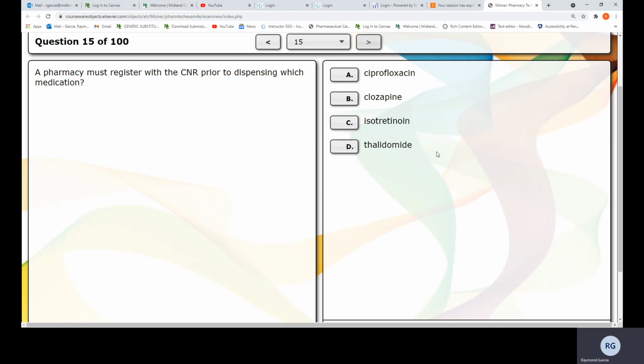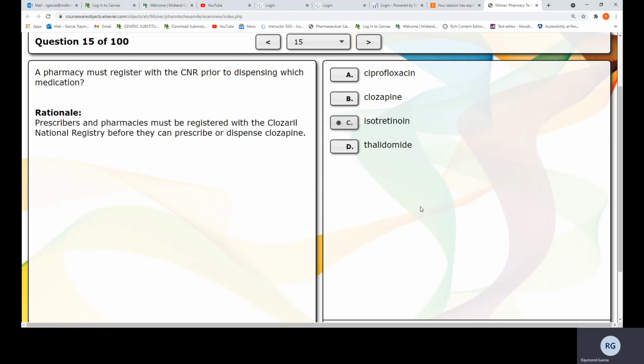Clozapine is used for people coming off of methamphetamines. It could be that one as well. Thalidomide, I don't remember that. I know that's a severe drug. What's y'all's guess? Isotretinoin. Prescribers and pharmacies must be registered with the Clozaril National Registry.